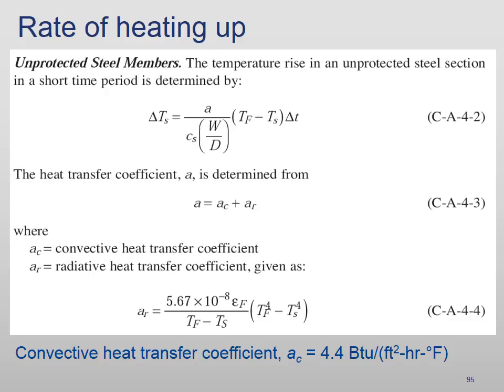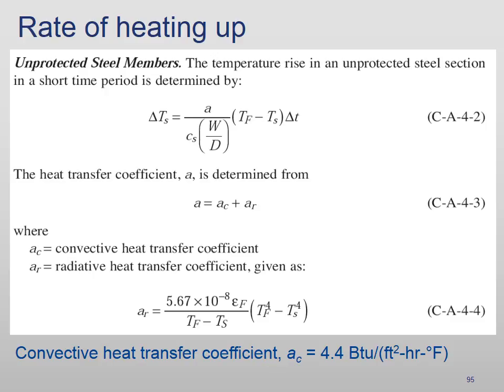This parameter A is the heat transfer coefficient, and this ratio W over D is the weight per unit length divided by the heated perimeter. So you can see that if you have a high W over D, then your rate of heating up will be low. But if you have a low W over D, then your rate of heating up will be high.